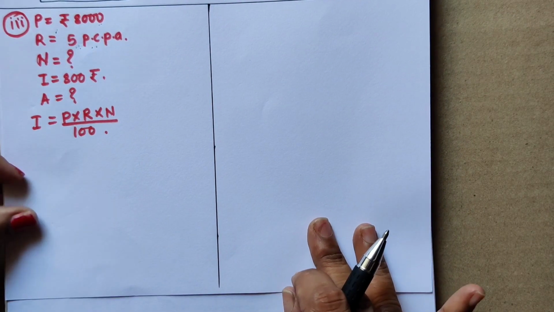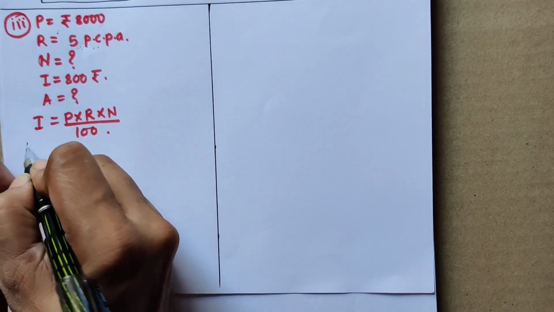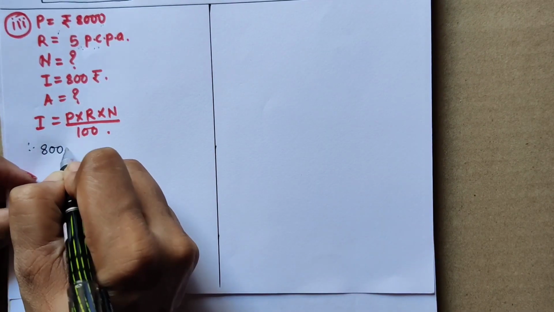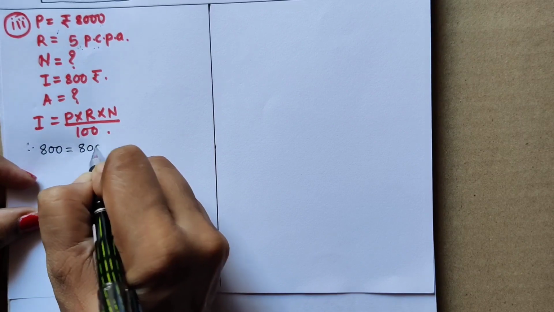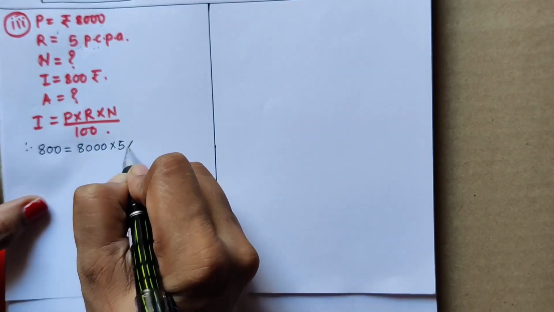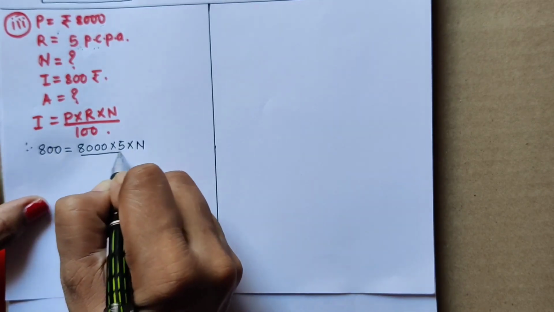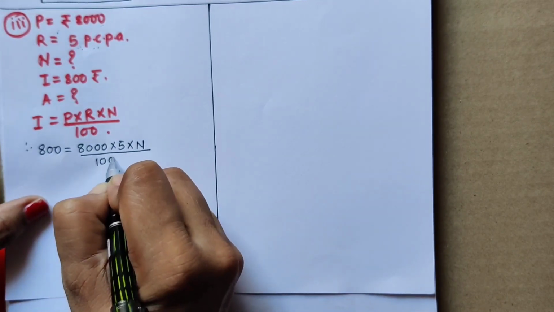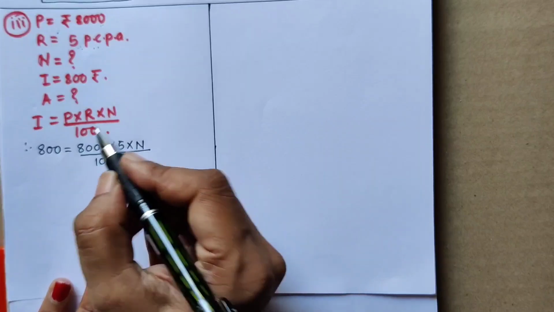I have written the formula. Put the values now. Interest is 800. Principal is 8,000. R is 5. And we have to find out n upon 100. Now I will do cross multiplication.